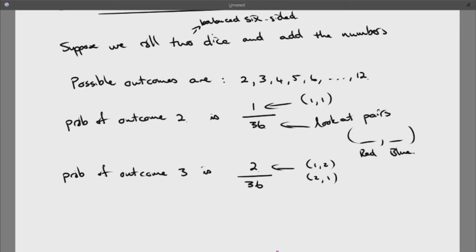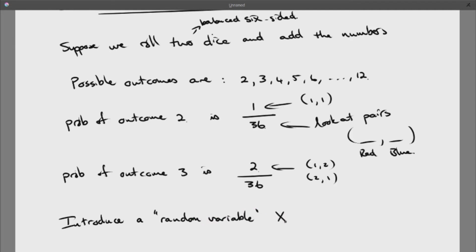And we can keep going like this, but the words are getting a little bit tedious to always write down the same thing. So we introduce what we call a random variable.